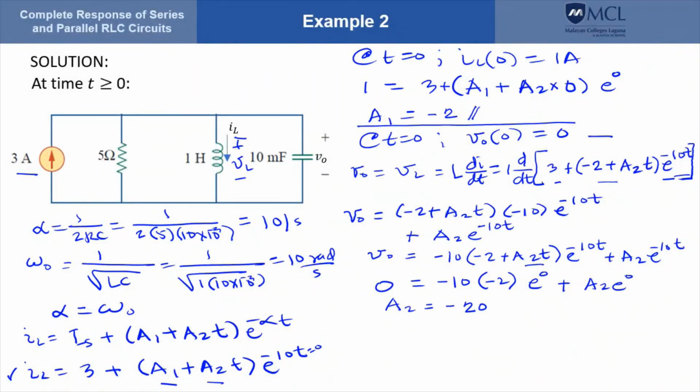So therefore, the solution for I sub L is not yet final, because what we need is V naught. I sub L now becomes 3 plus negative 2 minus 20 t, e to the minus 10 t.